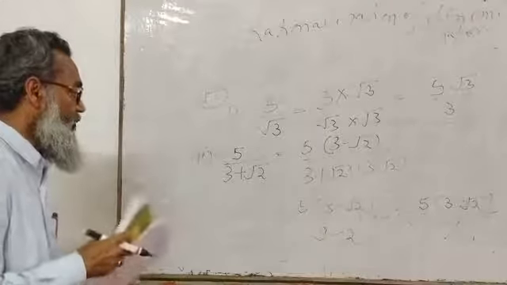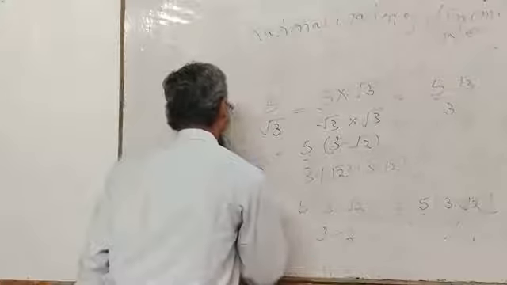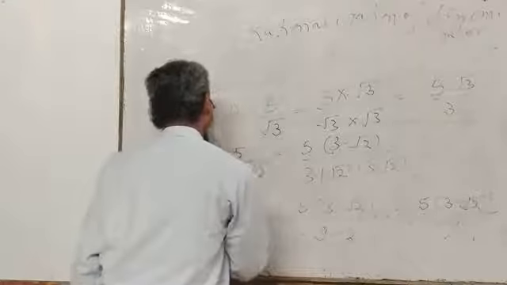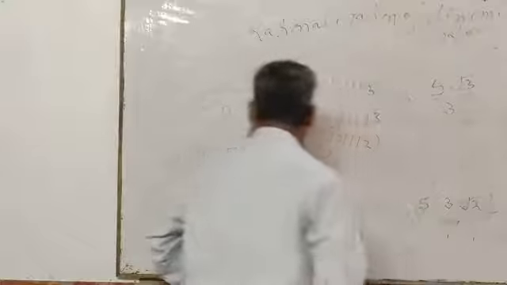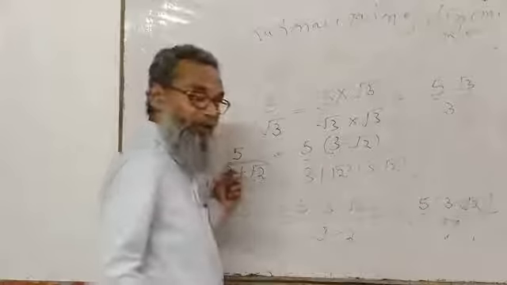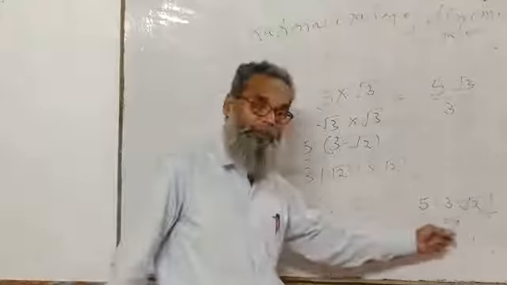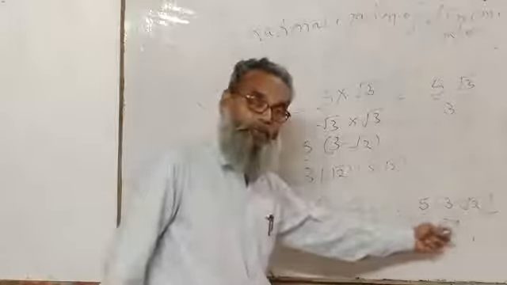Here you were given the denominator 3 plus root 2, which you have rationalized, and you are getting 7. At first your denominator was 3 plus root 2, and after calculation you have got 7. This 7 is free from square root, right?